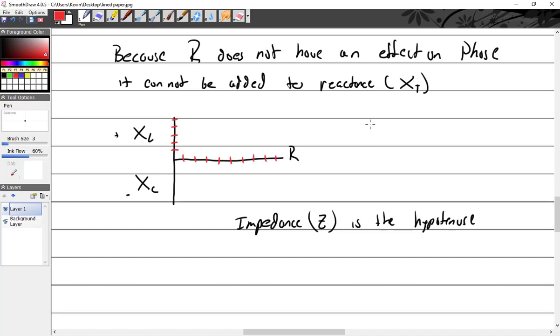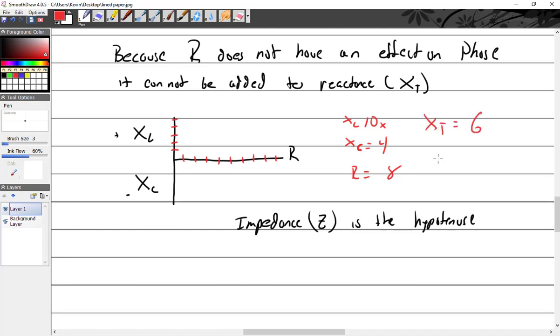All right, so if X of L is 10, and X of C is 4, and resistance equals 8. I just made up some numbers here. So what is X total?